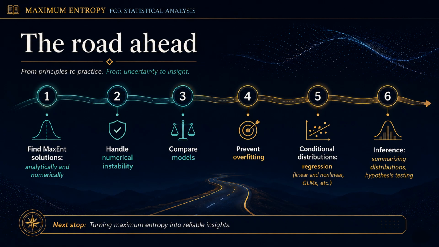And then finally, we'll look at how to make inferences from our analysis, from our MaxEnt distribution, and analysis of that MaxEnt distribution. So how do we summarize the results? How do we test different hypotheses, I should say, and all the things that we are familiar with from our current and common statistical practices.